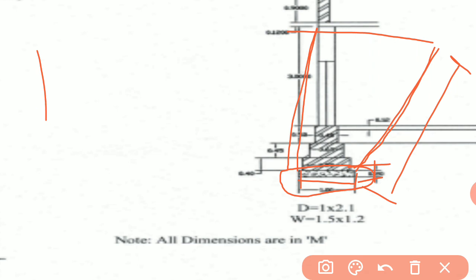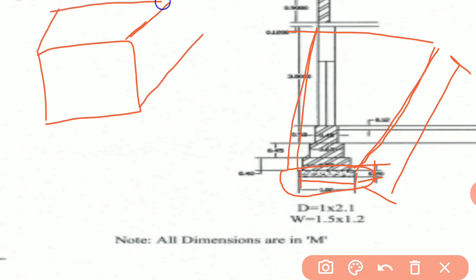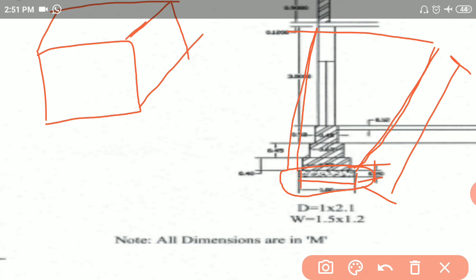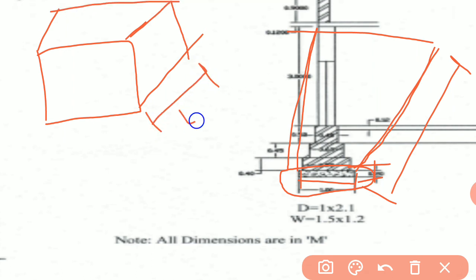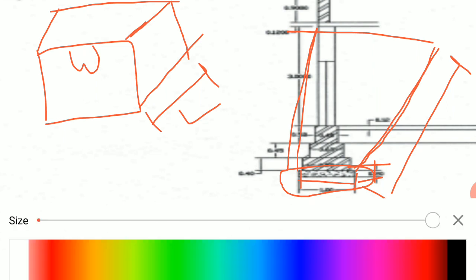Here this is the excavation trench. Clear? So this is length, this is width, and the thickness we'll see in the section, which is mentioned here as 0.2. Okay, clear?